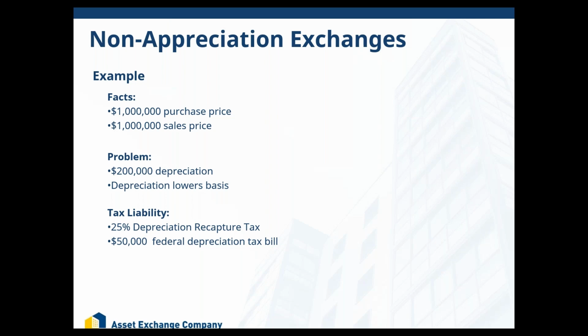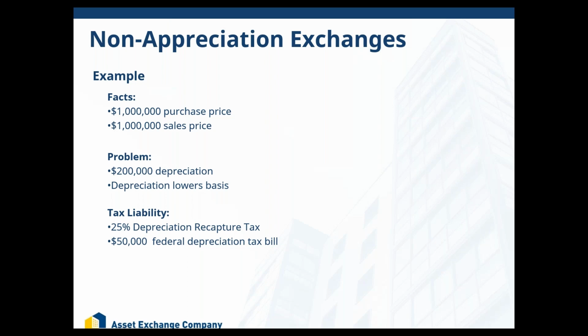So on the surface, the client looks at that and says, well, I bought it for $1 million. I'm selling it for $1 million. Hey, I have no gain. There's no reason to do any type of 1031 exchange. Well, you remember depreciation recapture tax? Remember that 25% tax we talked about earlier in the presentation? Let's just say that particular property, that client took $200,000 worth of depreciation for the lifetime that they've owned that property.